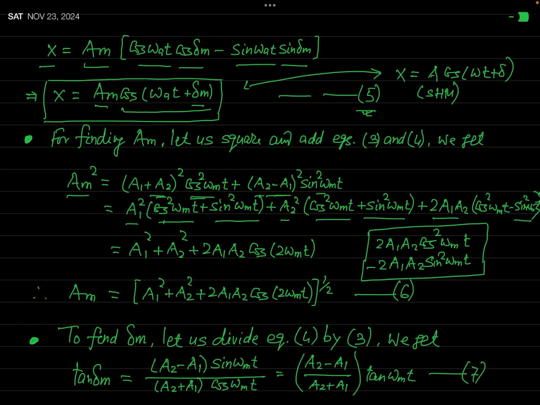Now this is 1, this is also 1, and cos square theta minus sine square theta is equal to cos 2 theta.